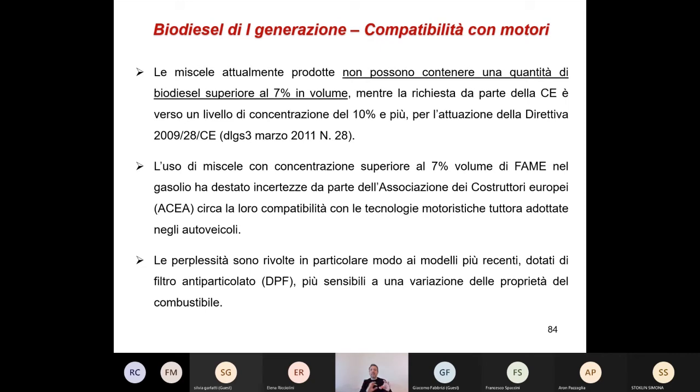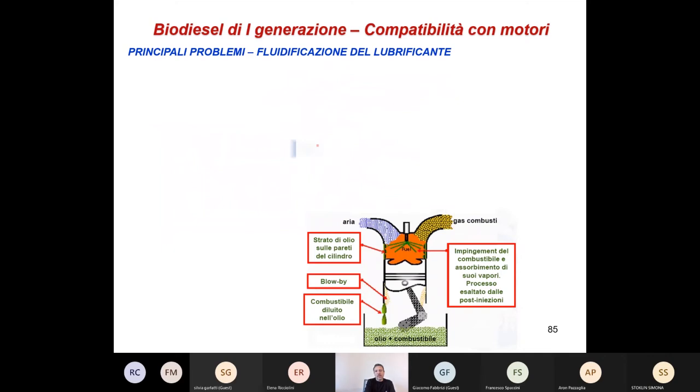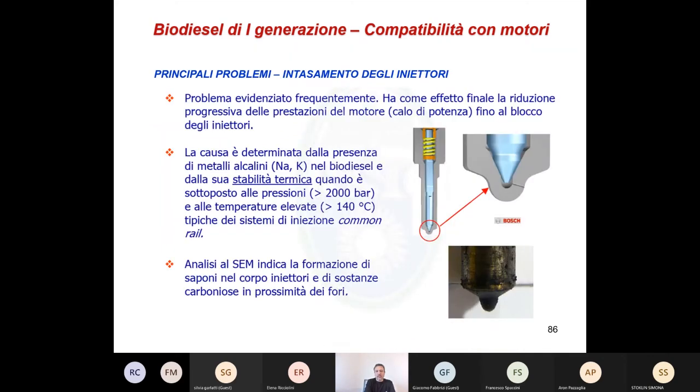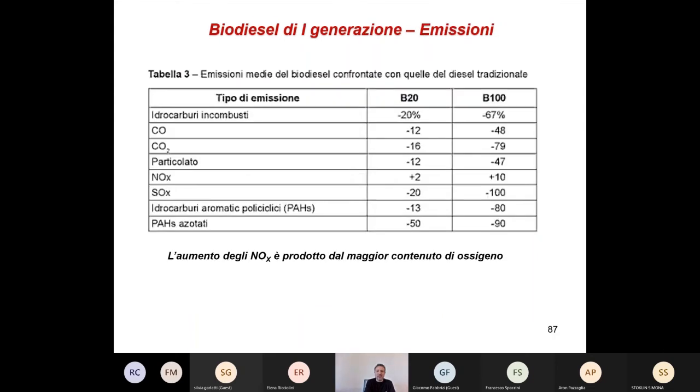I will not show you the problems in the engines, because this is not a goal of this course. Just a mention of emissions.